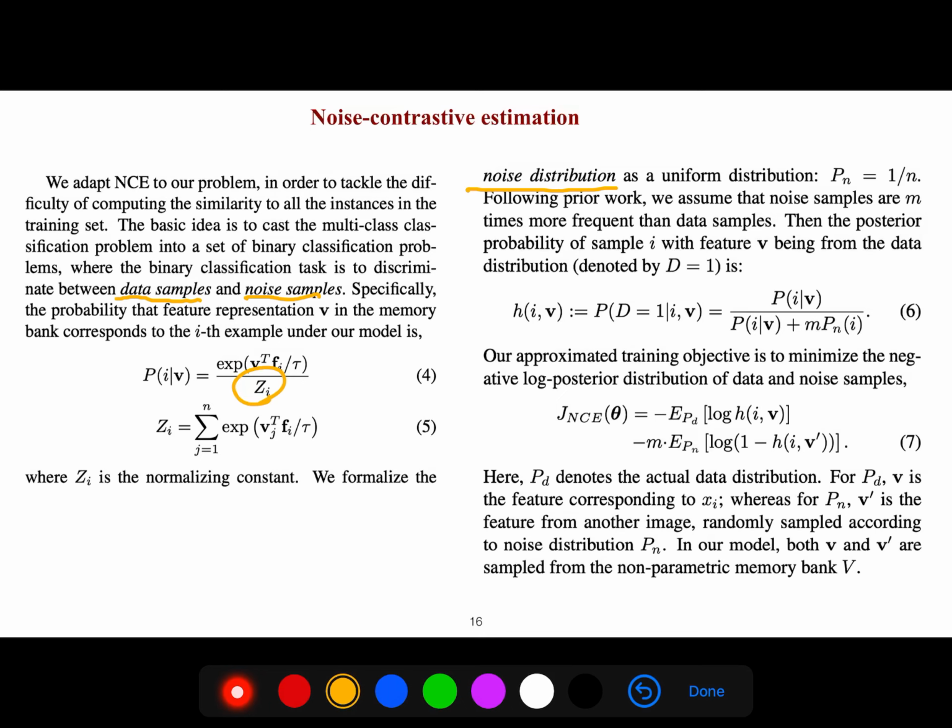Following prior work, we assume that noise samples are m times more frequent than data samples. Our approximated training objective is to minimize the negative log posterior distribution of data and noise samples. PD here is the actual data distribution, and Pn is for the noise.